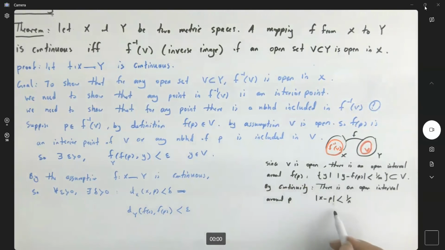But this interval, by continuity, is mapped to another interval, right?